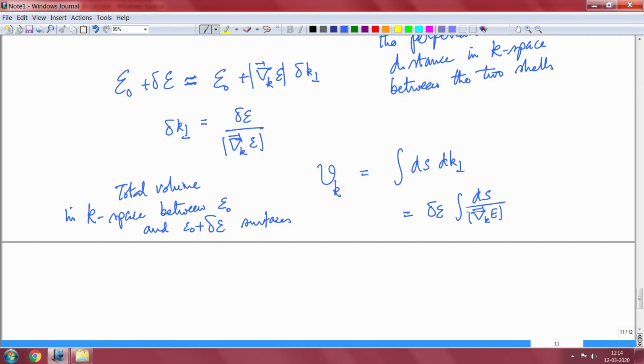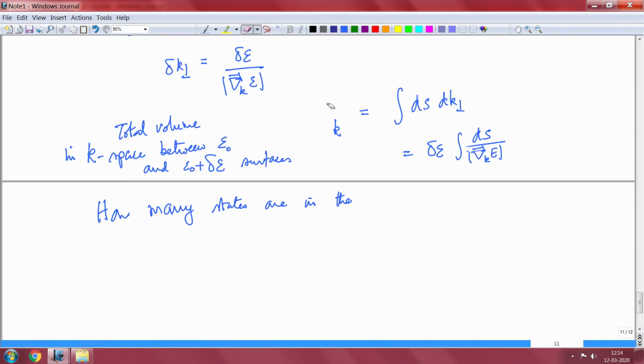So, now what I need to do is find how many states are in the volume element Vk. Let me not use a script V because it will get confused with velocity.